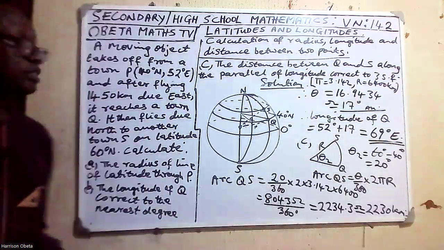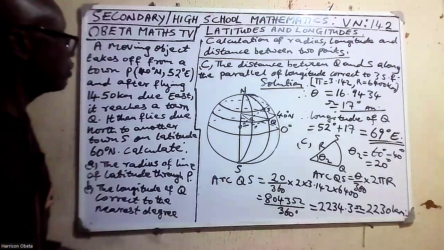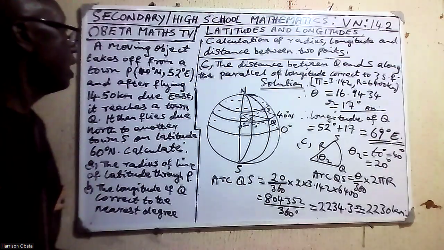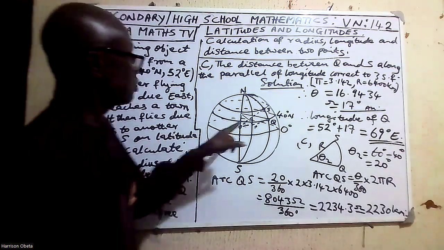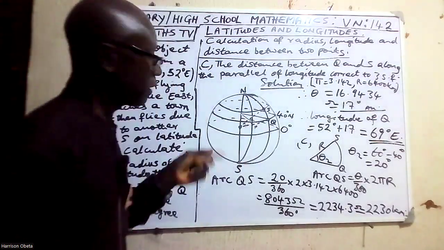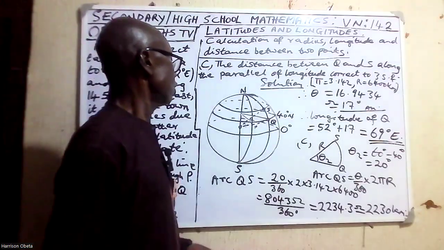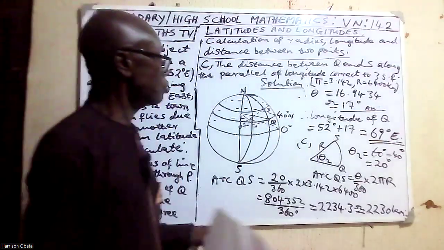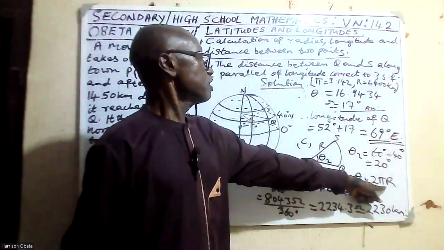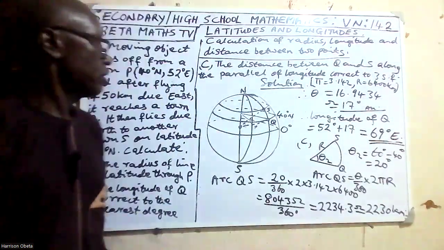So we have succeeded in getting the distance between Q and S. You can see that the distance between P and Q is along the parallel of latitude, while that of Q and S is along the longitude, and that is the reason why we use capital R instead of small r.